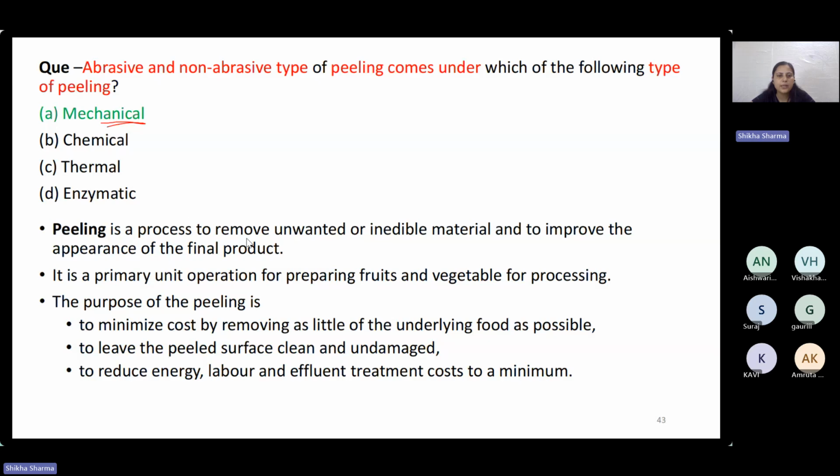So basically in peeling, what we do is we remove unwanted and inedible material so that we can improve the appearance of the final product. It can be used as a primary processing method when we are preparing fruits and vegetables for other processing operations.